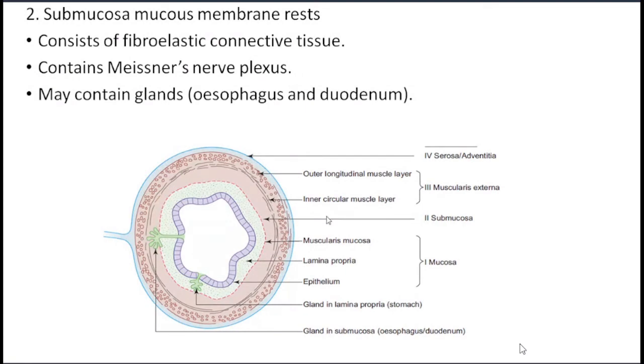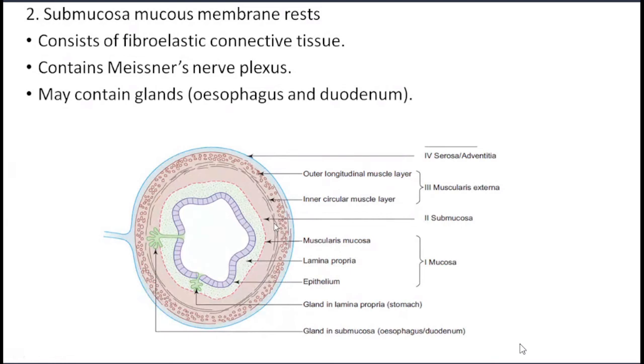Now we are seeing the general features. Whatever specific features, we will deal with in the specific organ. So submucosa consists of loose areolar tissue, and in some parts it also contains glands, mostly in the esophagus and the duodenum. So this is about the second layer.